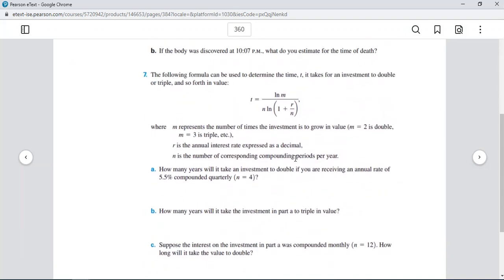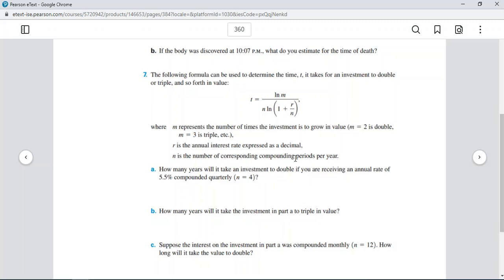All right, problem number 7. It says the following formula can be used to determine the time t it takes an investment to double or triple, and so forth in value. Okay, we have this formula here where m represents the number of times the investment is to grow in value.